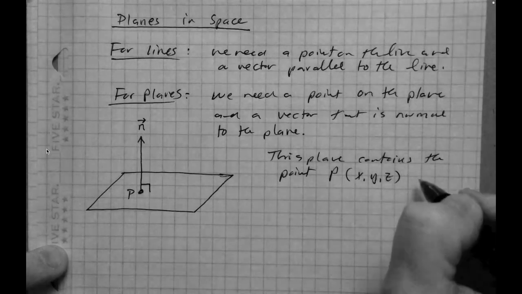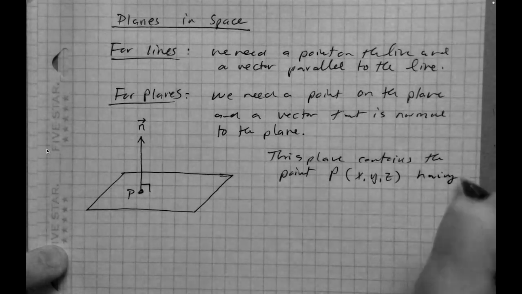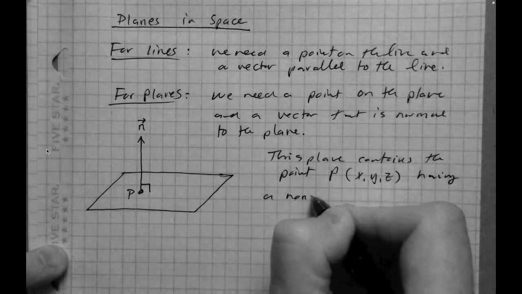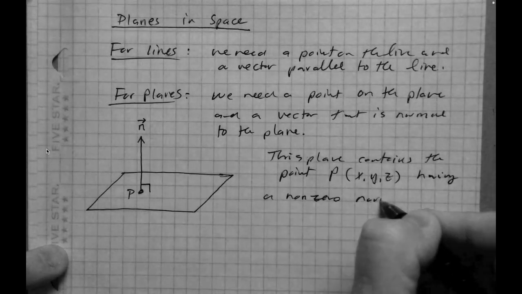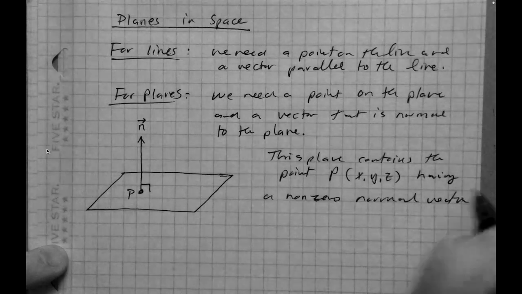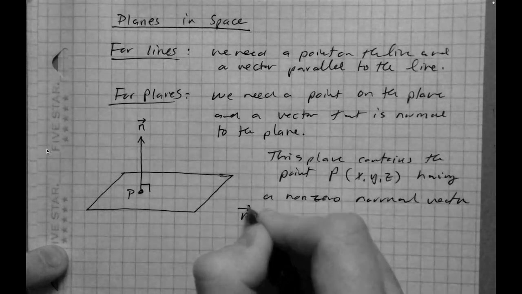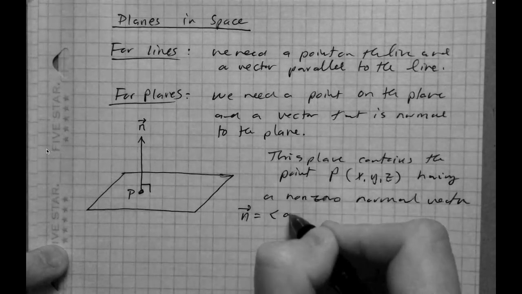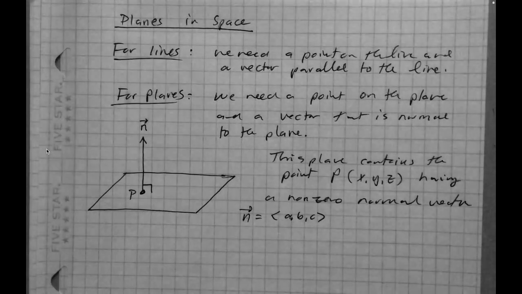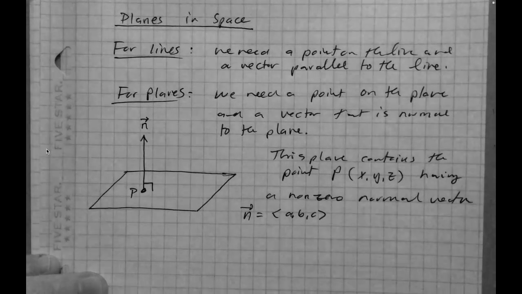It has a non-zero normal vector n, which we'll call (a, b, c). So some normal vector n.